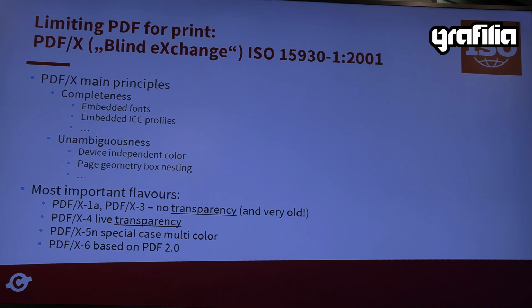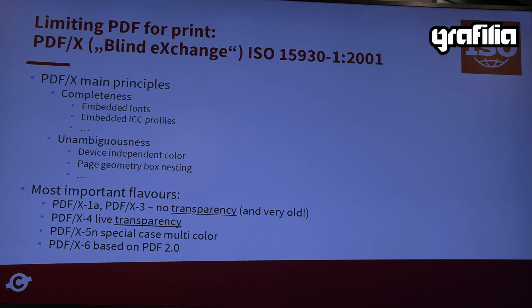PDF/X, an ISO standard. It has two important principles, and I don't want to go into details, I just want to explain the general idea here. One principle is completeness, so a PDF/X file needs to be complete. Everything that is needed to print it needs to be embedded.